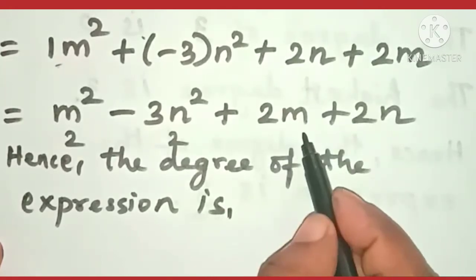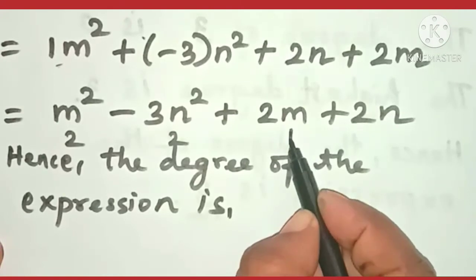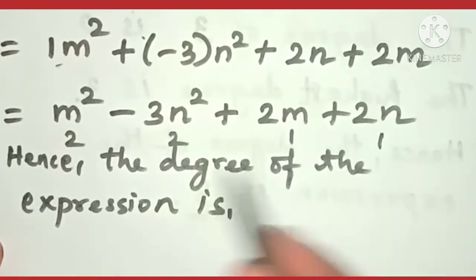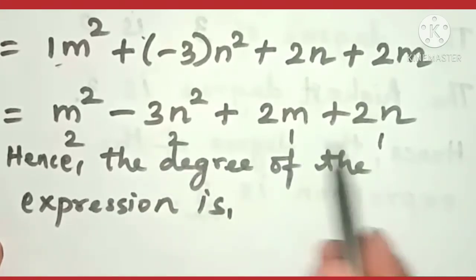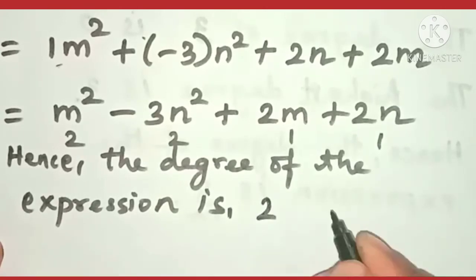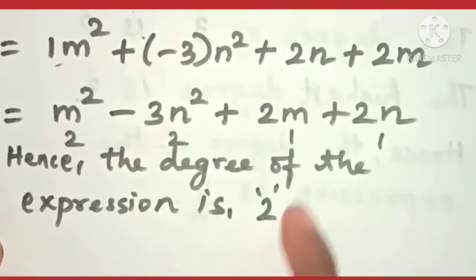So the degree of 2m is 1, and here again the degree of n is 1. So 2, 2, 1, 1. So which is the highest one? 2. So 2 will be the degree of the required expression.